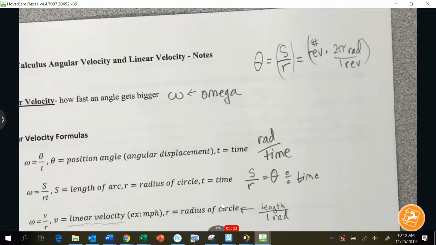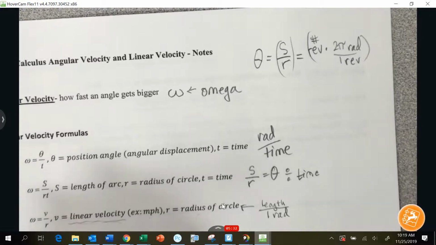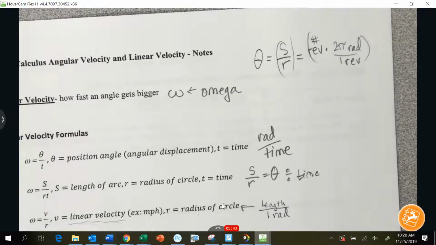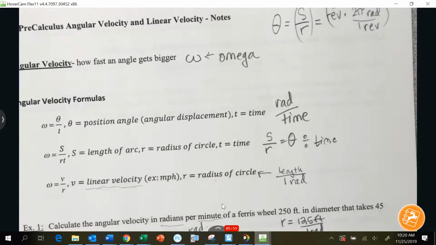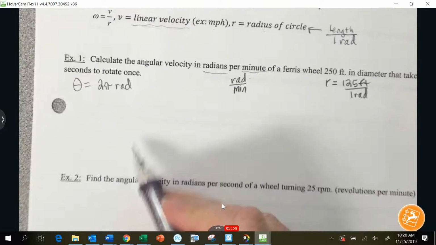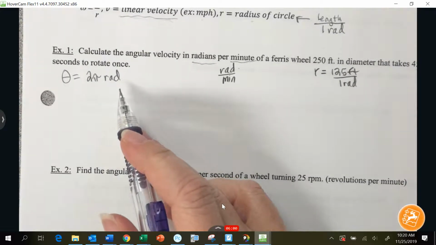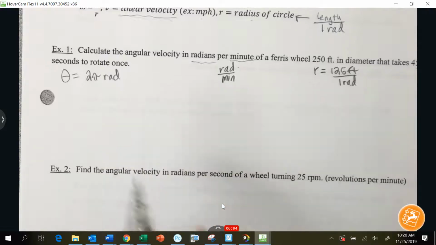Revolution? So could I find theta? Can I find theta? 2 pi radians would be theta. Okay, so I know theta.